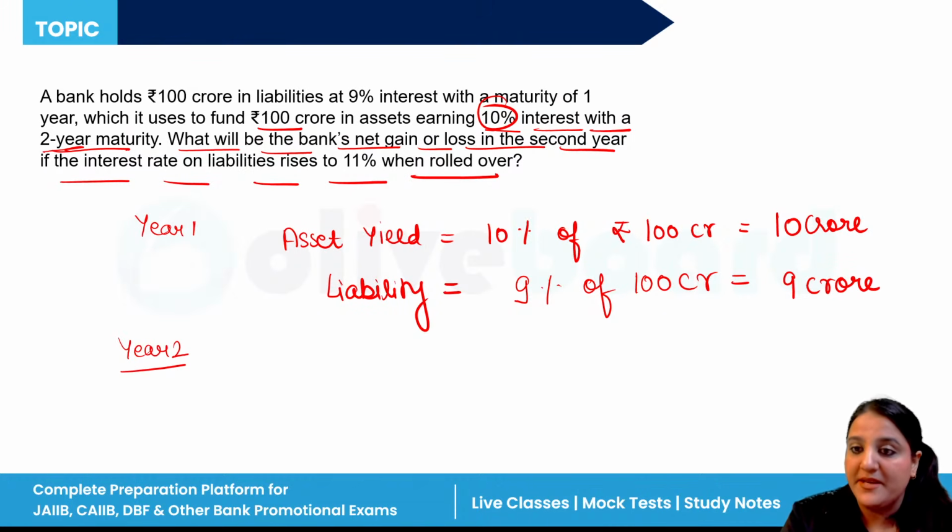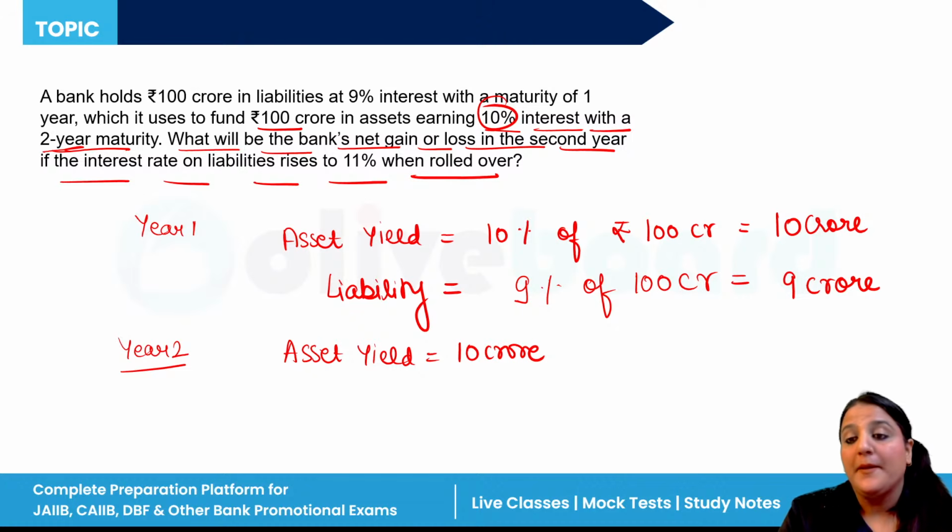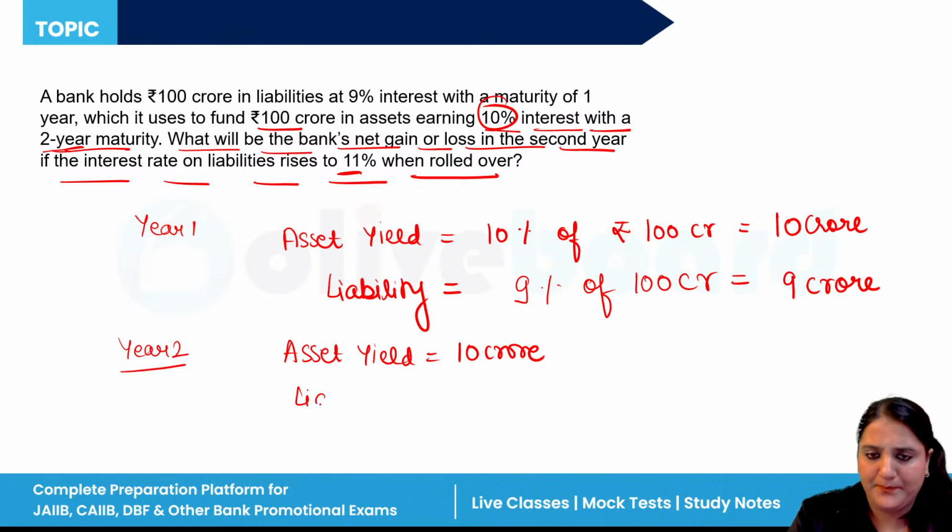In year 2, the asset yield remains 10 crore because it is fixed at 10% for the 2 years. So the asset yield is the same, 10 crore, right? The liability is rolled over at 11%. You can see the liability rises to 11%.